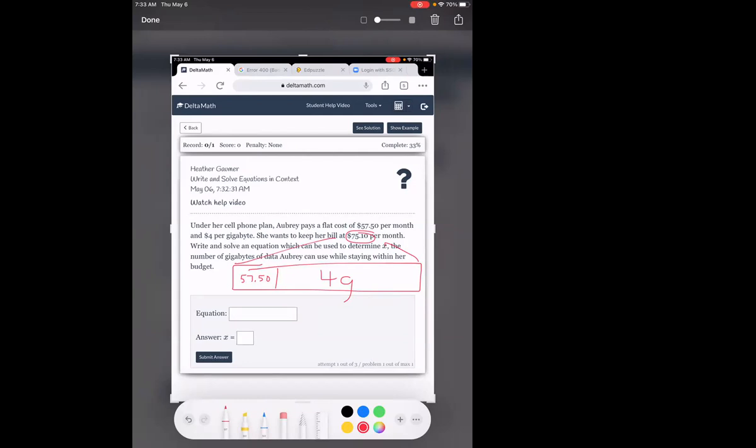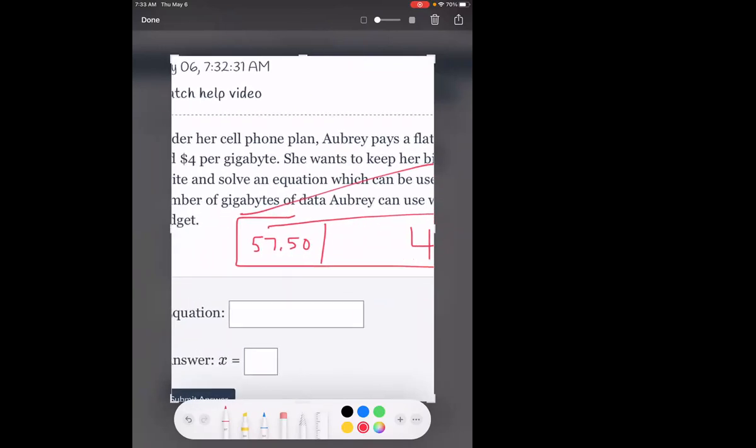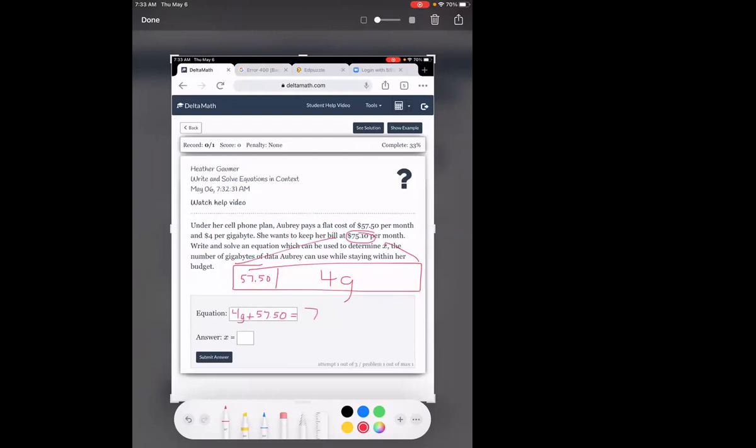Then we can write an equation here, which is what they want in the box. My equation could be something like 4G plus $57.50 is equal to $75.10.